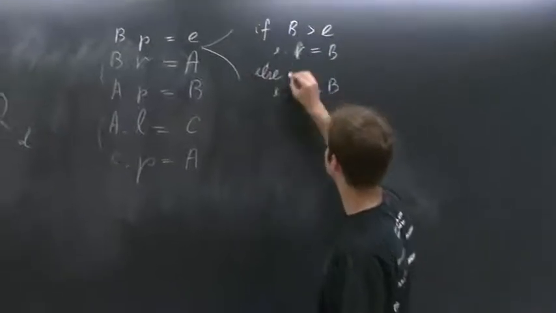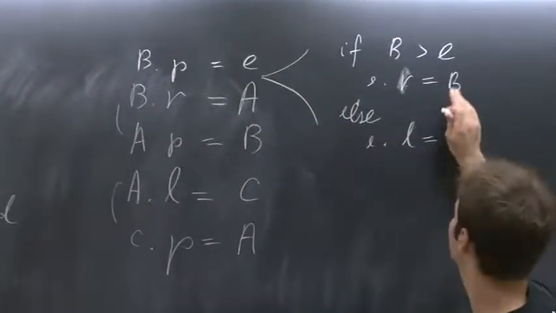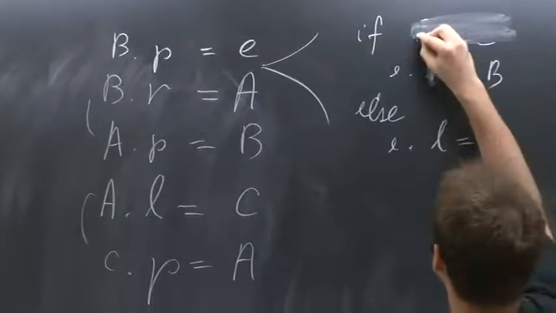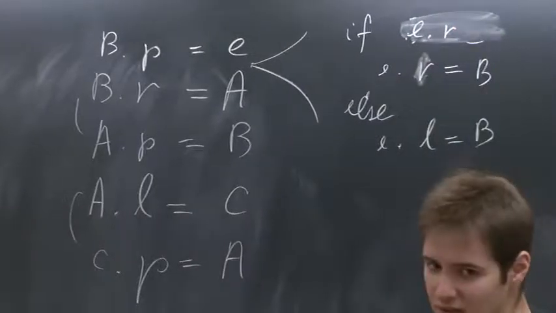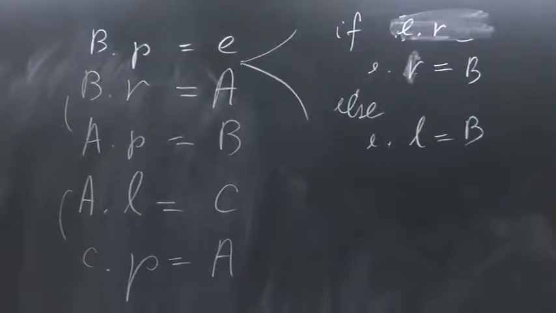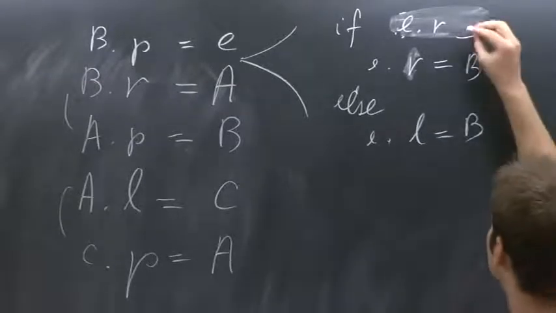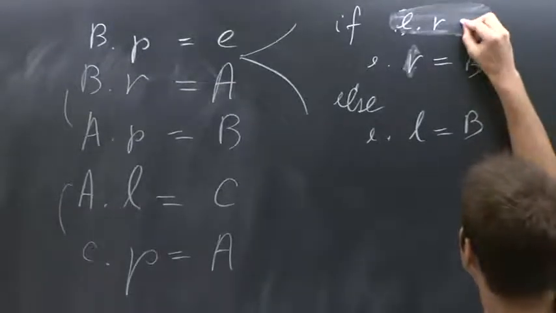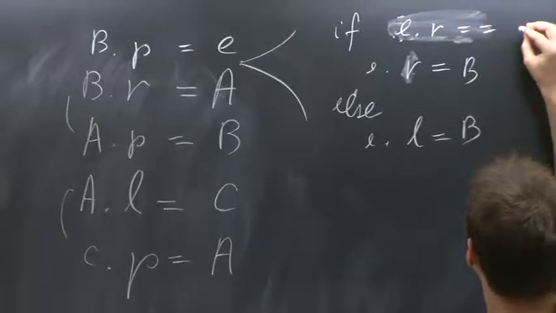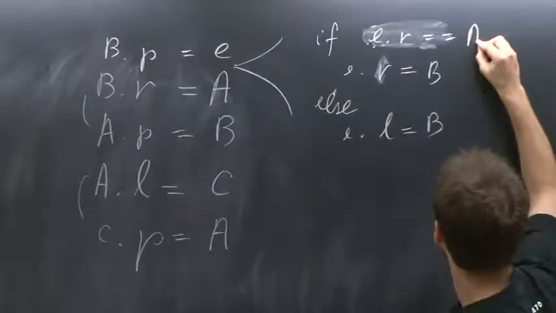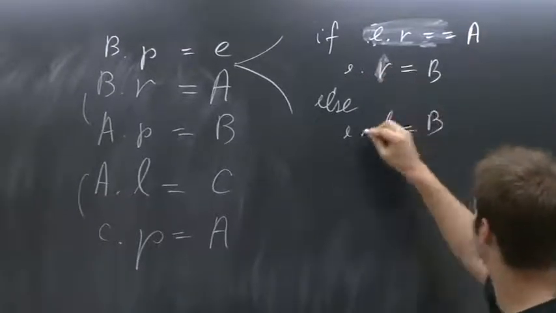Yeah, I haven't changed the child yet, right? So I can do that. No comparison though, right? Now I'm doing a pointer comparison and not a key comparison. Okay. If E.right is A, then E.right becomes B, otherwise E.left becomes B.